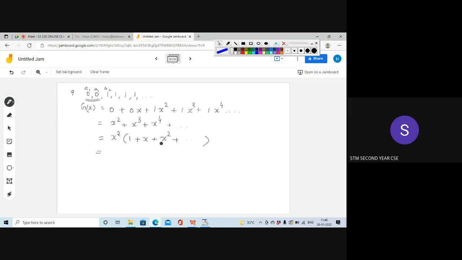What is the sequence generated by this polynomial in brackets? Is it the general form? A0 plus A1x plus A2x square form?